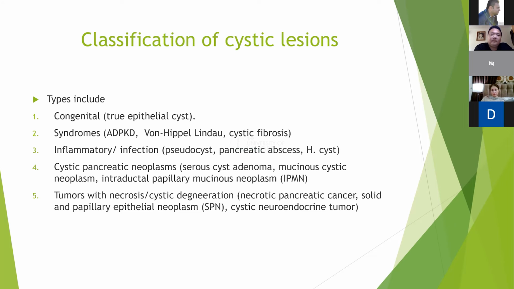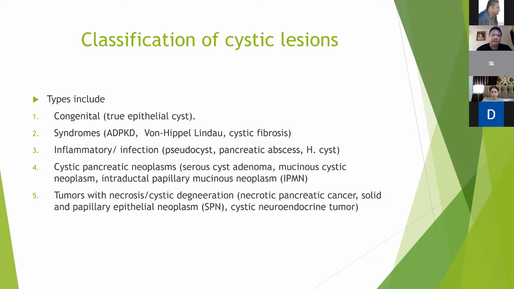There are several types of cysts, including the congenital true epithelial cyst syndromes, such as autosomal dominant polycystic kidney disease, von Hippel-Lindau, and cystic fibrosis. Inflammatory and infectious causes include pseudocysts, pancreatic abscess, and hydatid cyst. Cystic pancreatic neoplasms include serous cystadenoma, mucinous cystic neoplasm, and intraductal papillary mucinous neoplasm, IPMN, which is of mixed type, branch duct type, and main duct type.